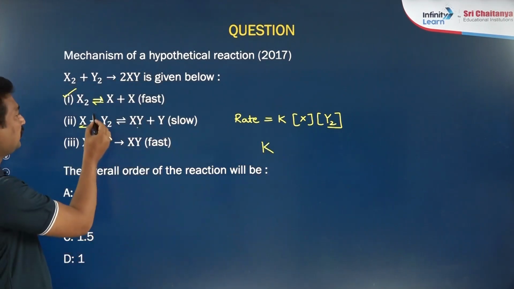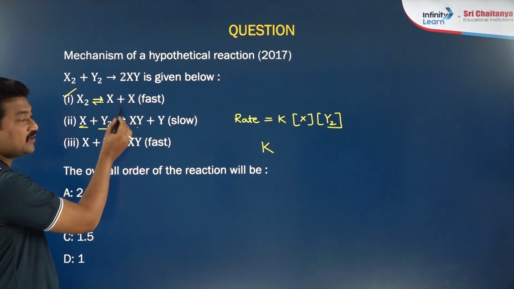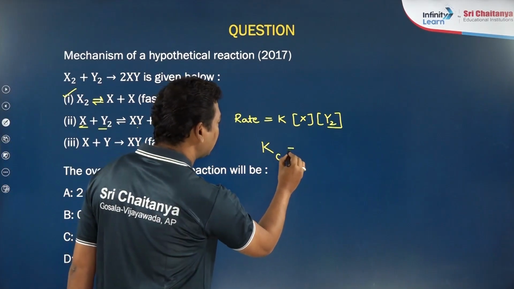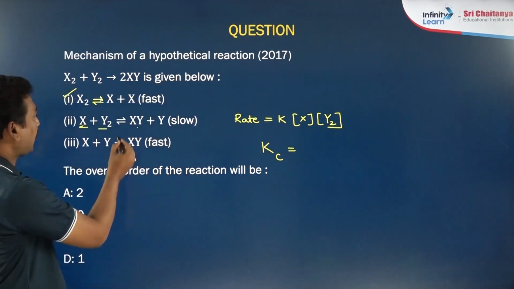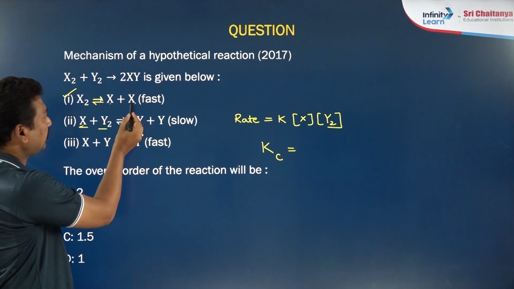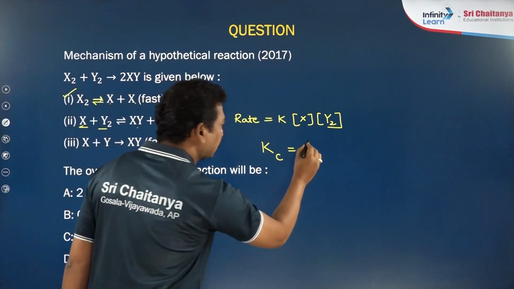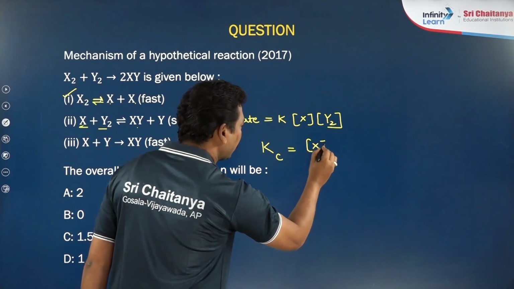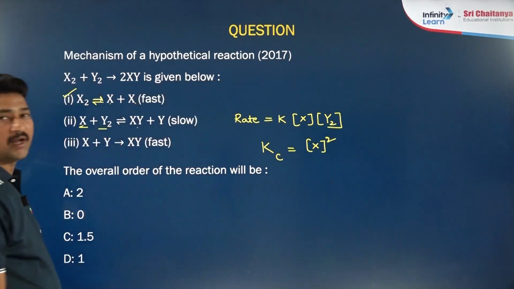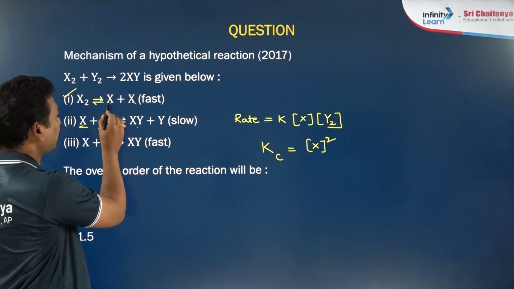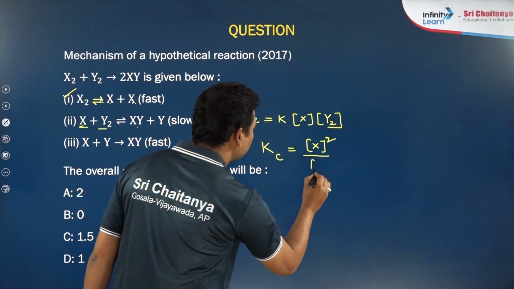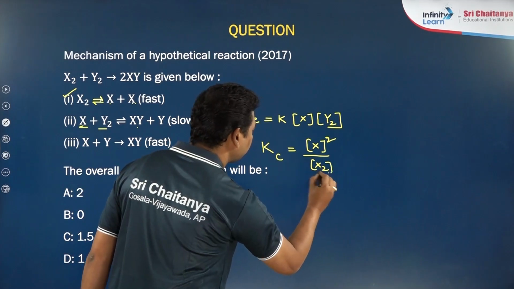The first one is assumed as the equilibrium reaction, so I am going to give the equilibrium constant in terms of concentration, Kc. That can be written like this. Equilibrium constant, how to write? Molar concentration of the products by molar concentration of the reactants. Molar concentration of the products, X into X, that would become X square, by molar concentration of the reactants, X2.